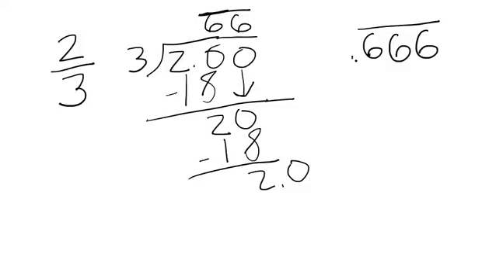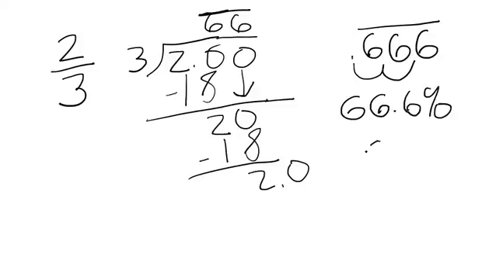All right, now if I want to turn that into a percentage, again, I'm going to move this over 2 places, and I'm going to get 66.6%. You might just get 66%.